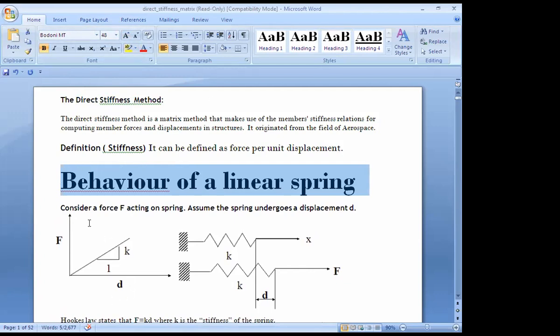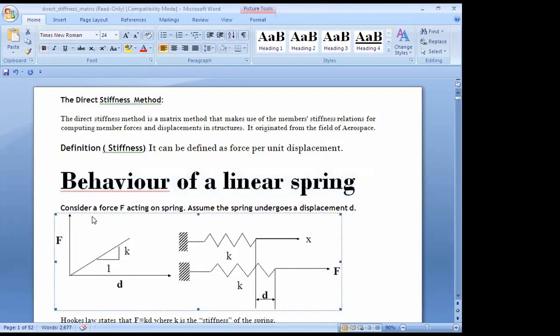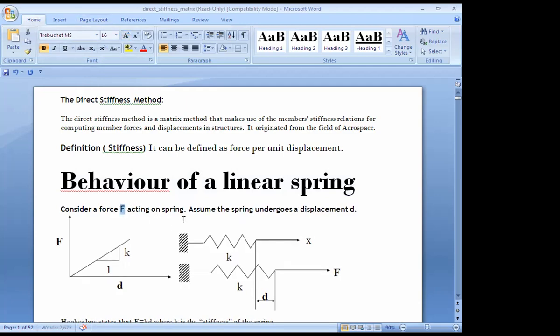Okay, so let us consider a force, denoted with capital F, acting on a spring, and we assume that the spring undergoes a displacement D. So let's assume you have, let me unbold this font so that I emphasize this.